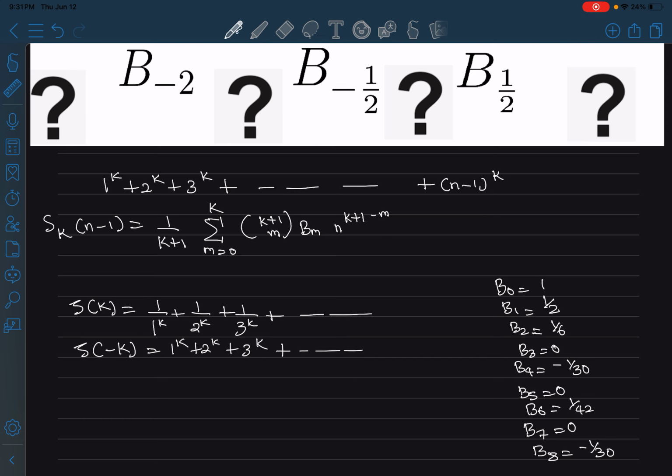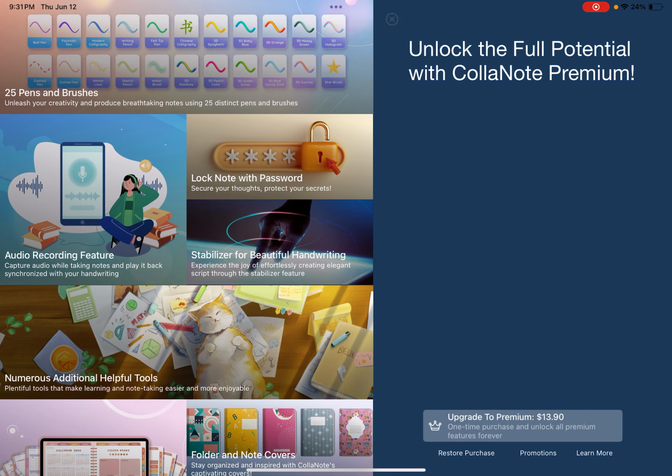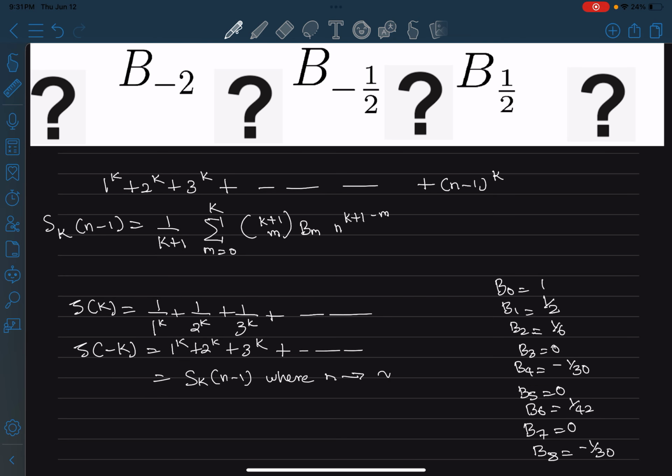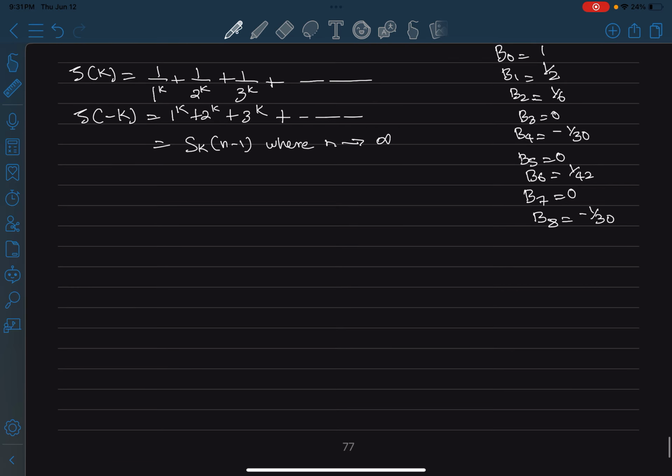We might notice that this is just the sum S sub k up to n minus 1 where n goes to infinity. So from there, you might feel a little bit of connection between zeta and Bernoulli numbers, but let me show you the exact relation.